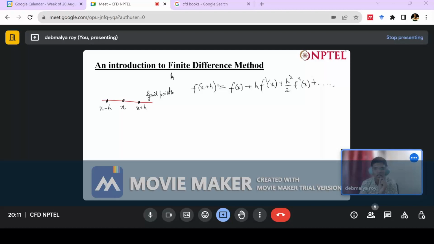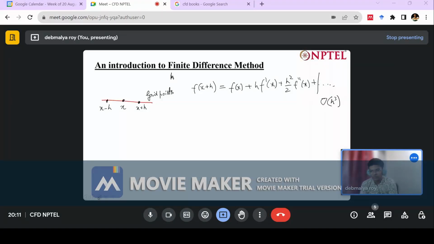So this is the concept of the Taylor series, and you know that if I truncate it here, then how accurate is this? This is accurate with an error of the order of h cube. The next largest term is h cube, something multiplied by h cube. So if I truncate it here, it will be accurate up to h square.